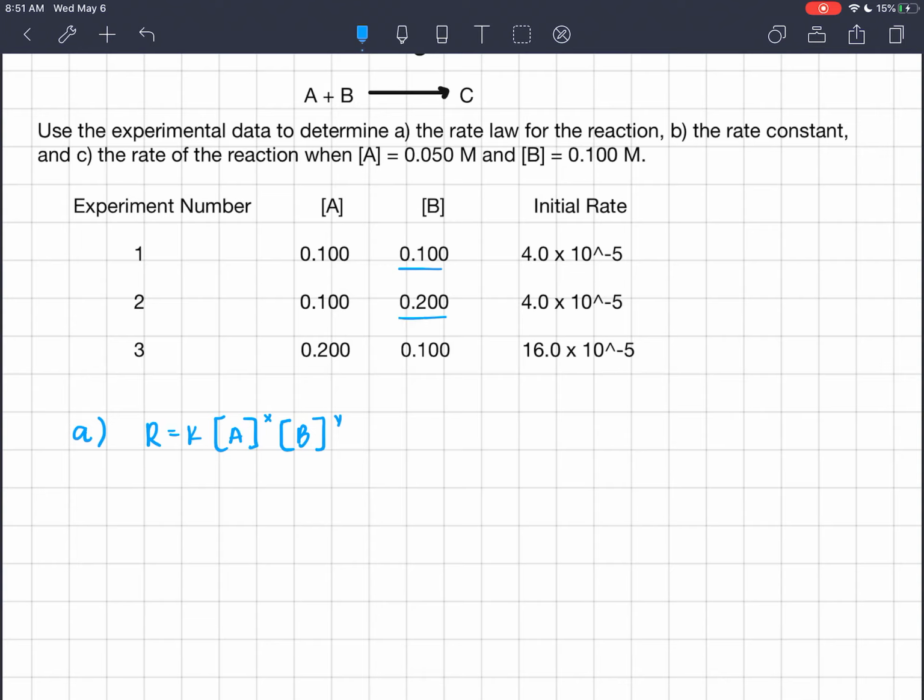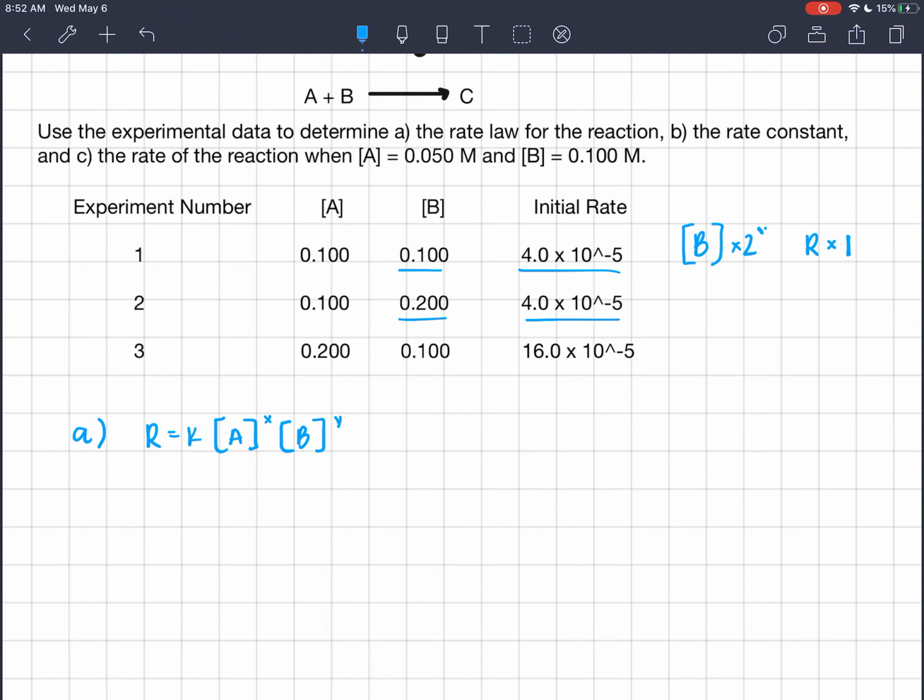It goes from 0.1 to 0.2, which means it's being doubled. And as a result, my rate goes from 4 times 10 to the negative fifth to 4 times 10 to the negative fifth. So hold on, let me get that right. When the concentration of B is doubled, the rate does not change, so it's essentially being multiplied by a factor of 1.